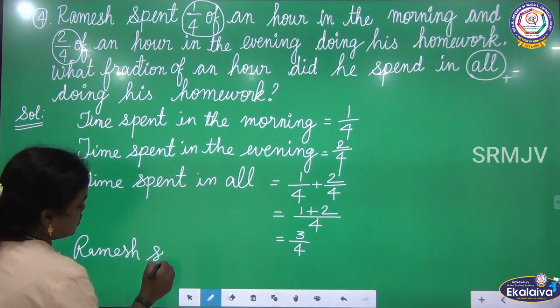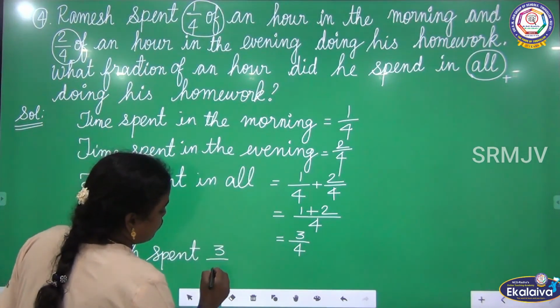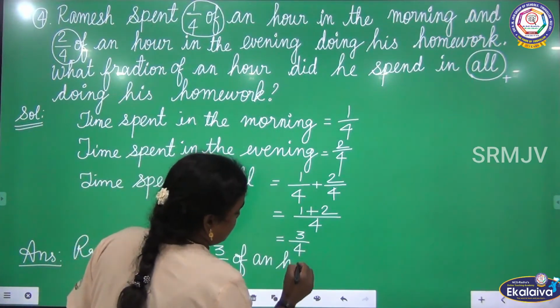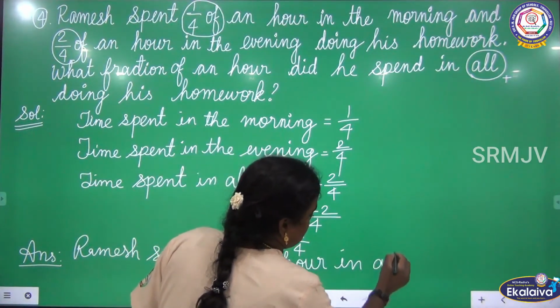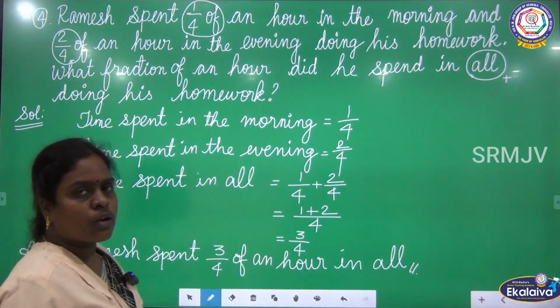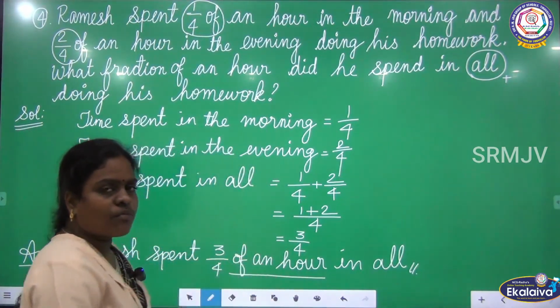Ramesh spent 3/4 of an hour in all. So this is the answer. He spent 3/4 of an hour in all to do his homework.